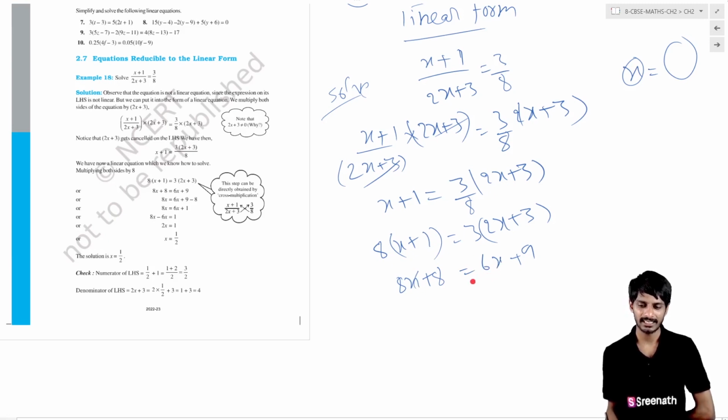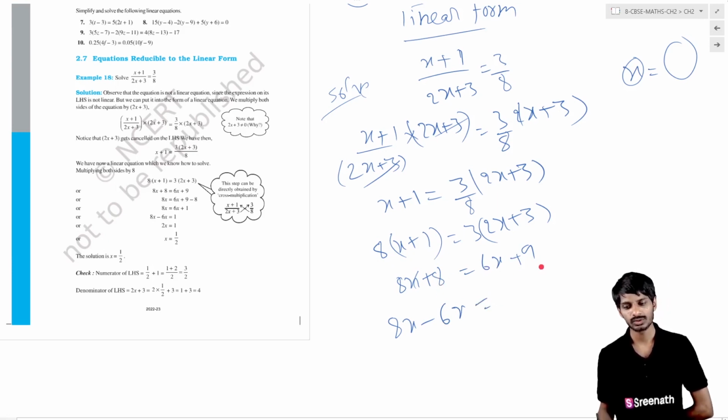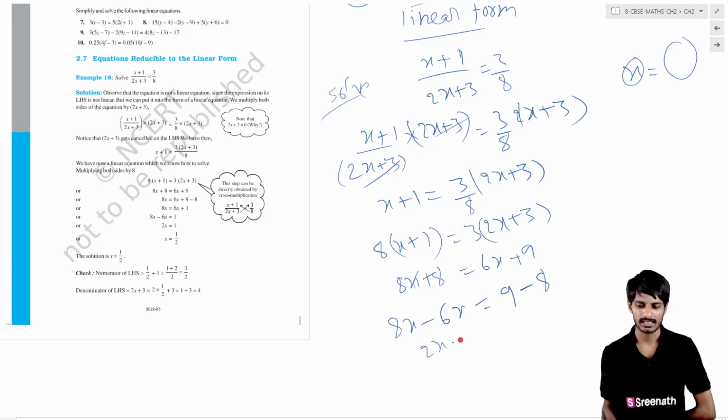Basically it is adding here, so it will be subtracting here: 8x minus 6x. Why minus? Here it is plus on the right hand side, so whenever shifting it must be minus 6. At the same time you are shifting this 8 to that side also. Basically 9 has a plus symbol on the left side; whenever you shift it, it becomes a negative symbol on the other side. So 9 minus 8. Finally 8x minus 6x is 2x, 9 minus 8 is 1.